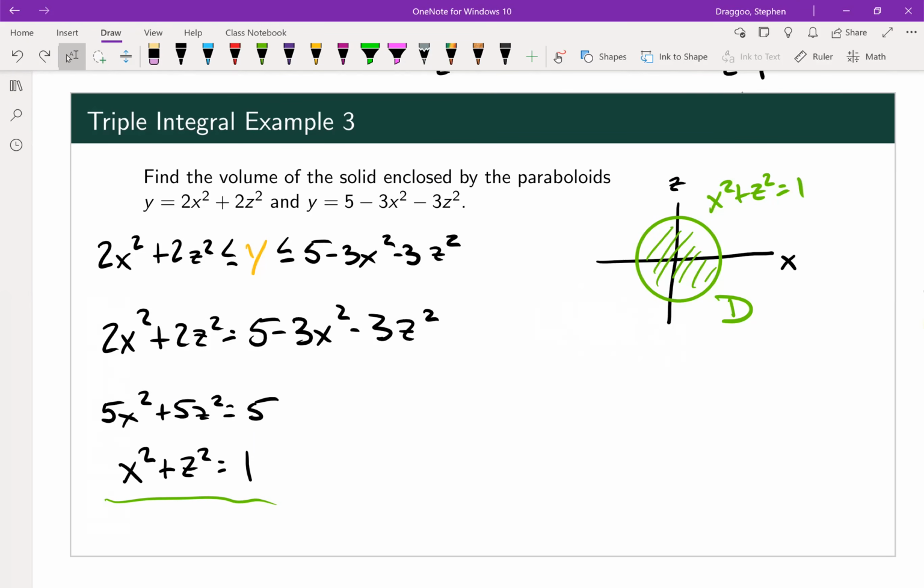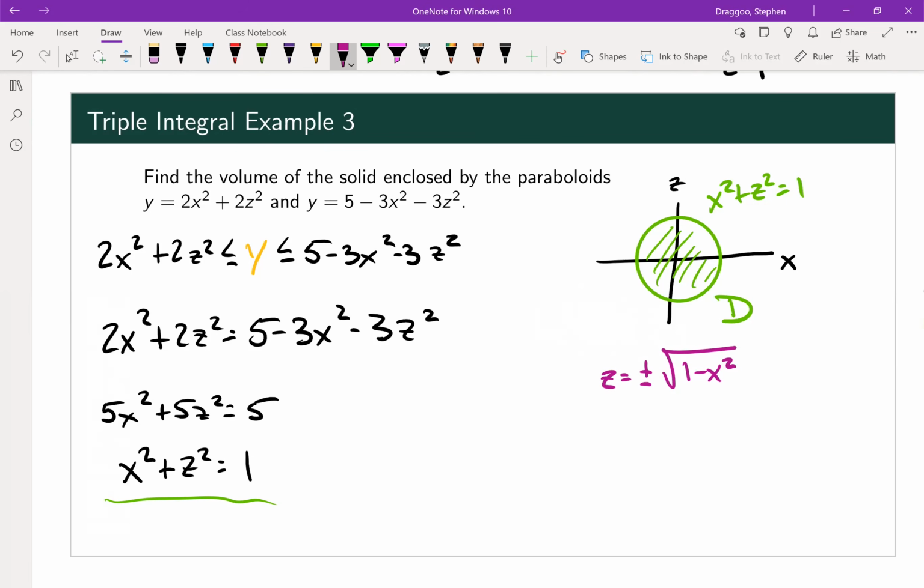So we now could set up a series of boundary equations to express D. For example, I could say z equals, or let's actually use the colors that we normally go with. z is magenta. z is plus or minus the square root of 1 minus x squared, positive for what would be the top half of that circle, negative for the bottom half of that circle.